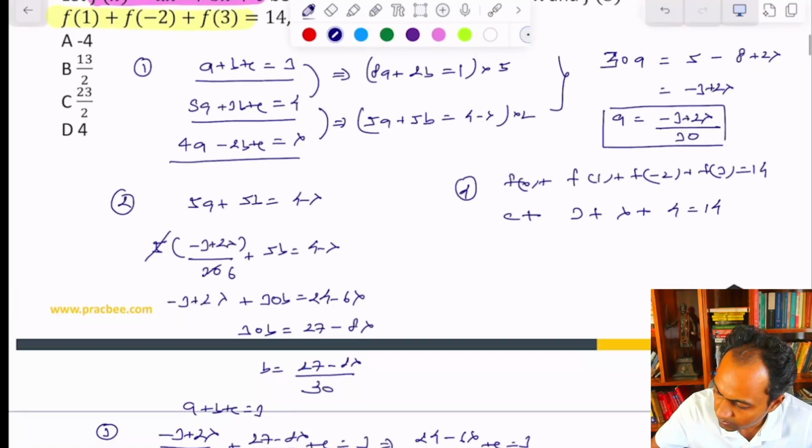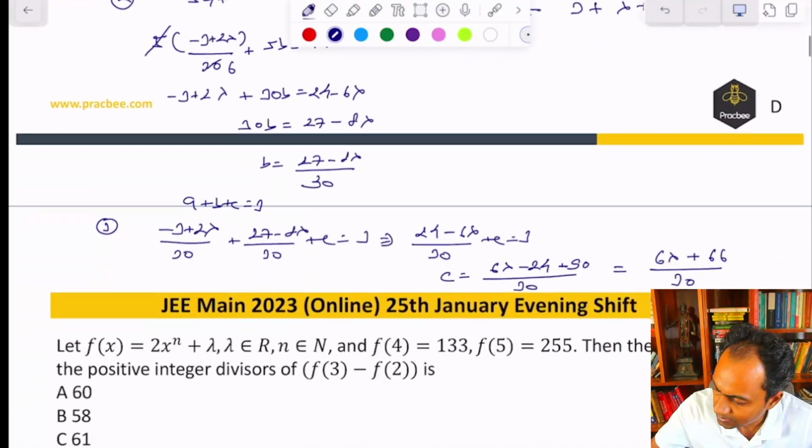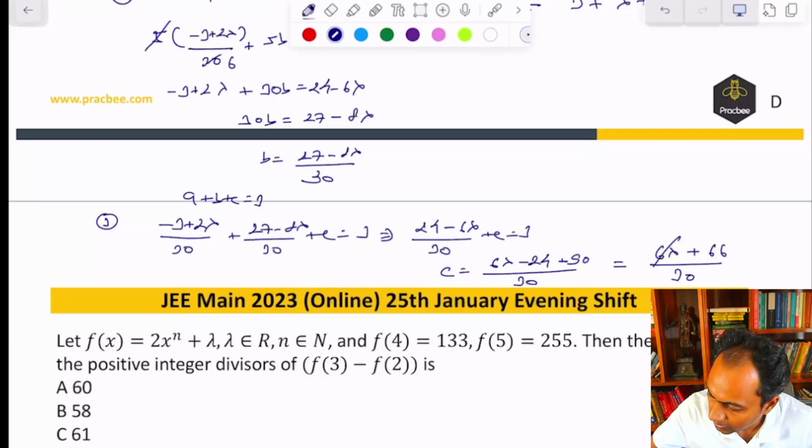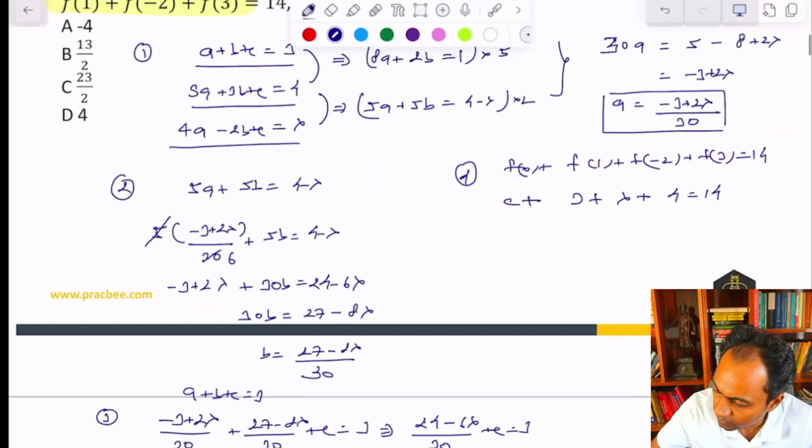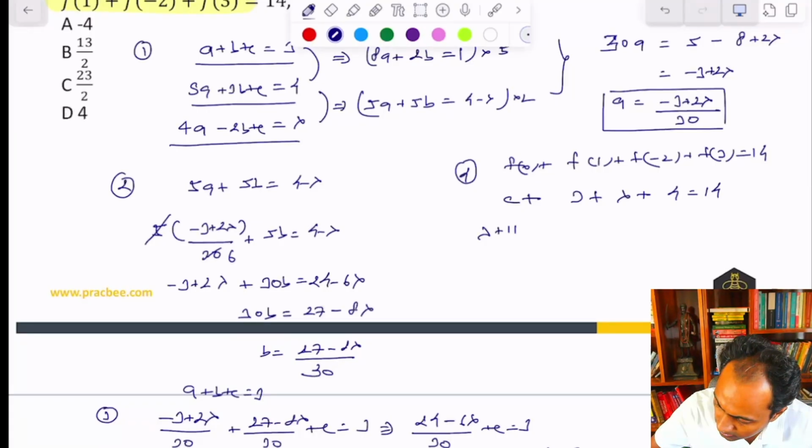So if I put the C value here, I could have cancelled out 6 here. If I cancel out 6, this will become 5. So this becomes lambda plus 11 by 5. There is 3 here, so this becomes 7 plus lambda is equal to 40.